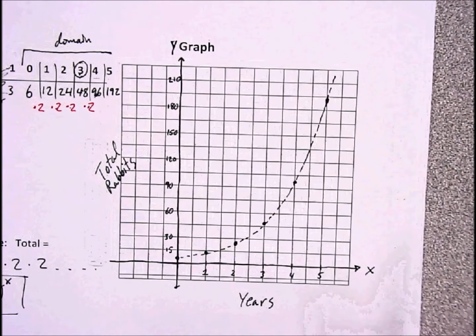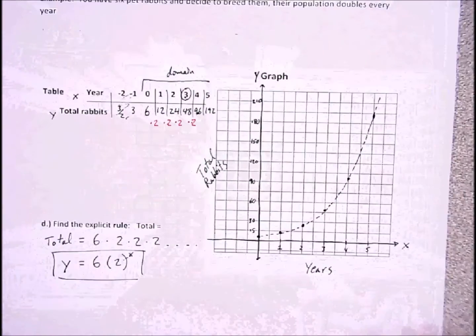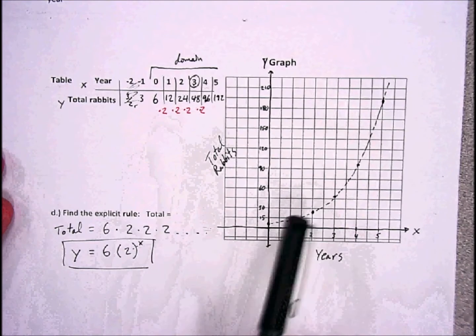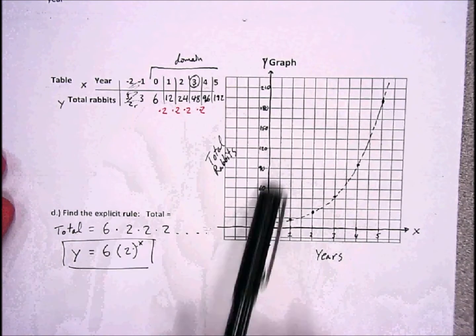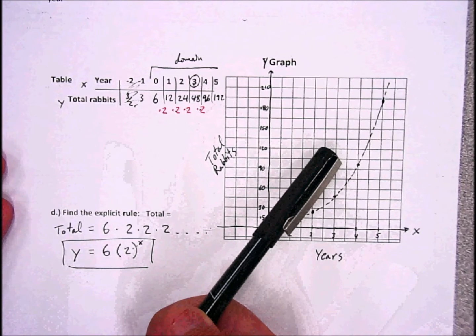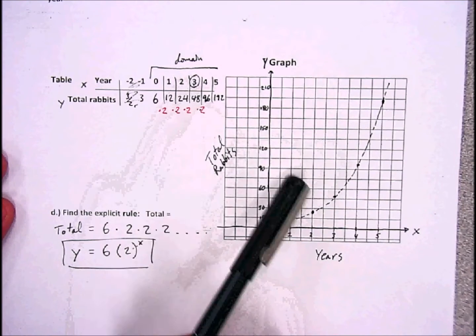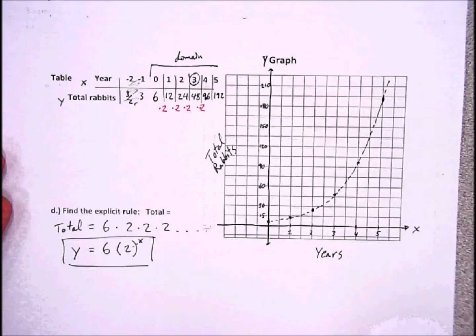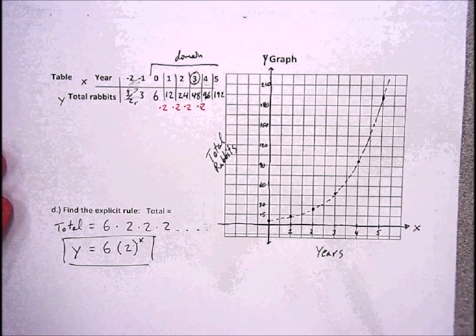Okay, so now that we've got these 3 ways to represent it, we've got a table, rule, and a graph. It's important to understand how are these things related to each other, because sometimes you might be given this information first. How would I turn that into a table, or how would I turn this into a rule? How are they all connected? And so let's kind of paint that big picture.